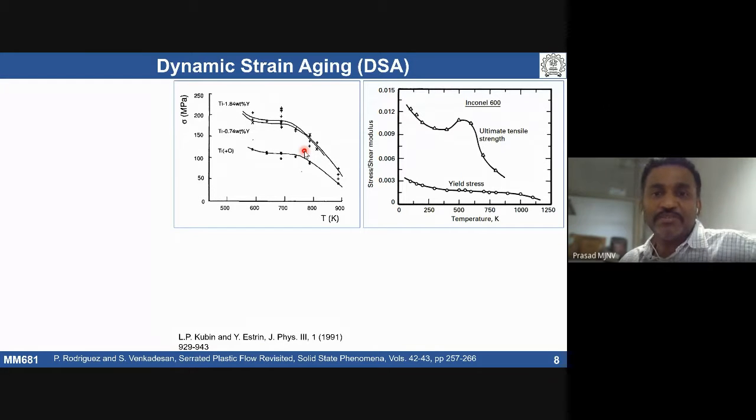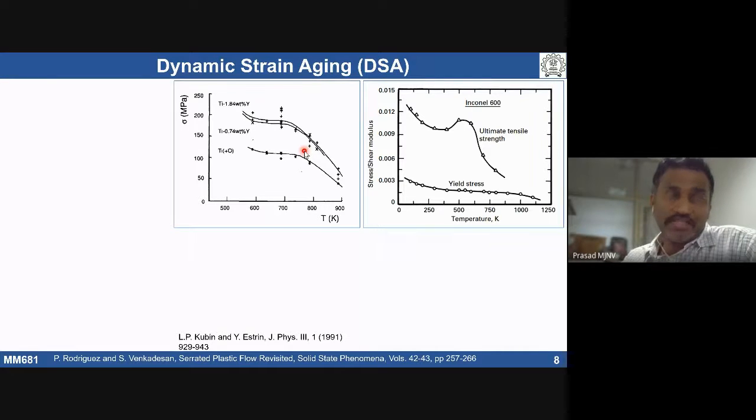So the temperature window is going to shift with increasing strain rate. Under quasi-static conditions, if you deform a steel in a temperature window between 300 to 550 degrees Celsius, the material becomes brittle in nature.